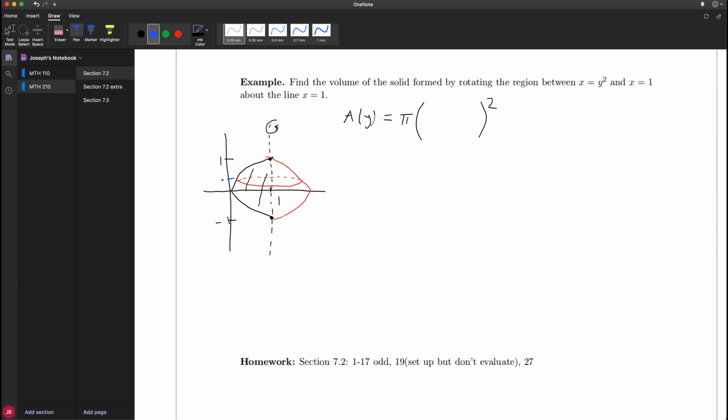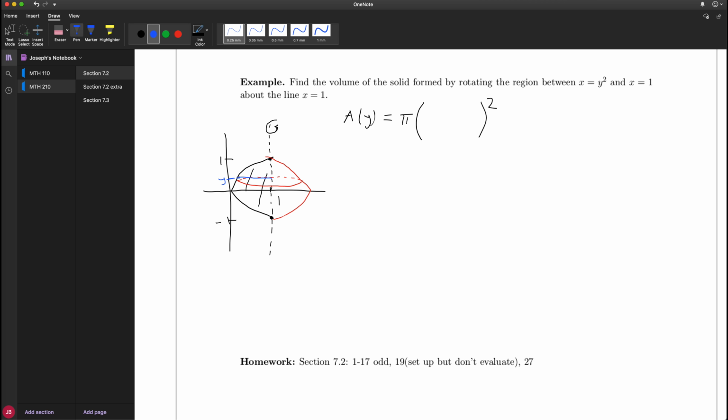So let's pick a y value in our span, minus 1 to 1, and we need this length, right? We need the radius of this disk. Well, it's certainly not the function y squared, because that would be this little region right in here. But it is 1 minus y squared. That's what that length is.